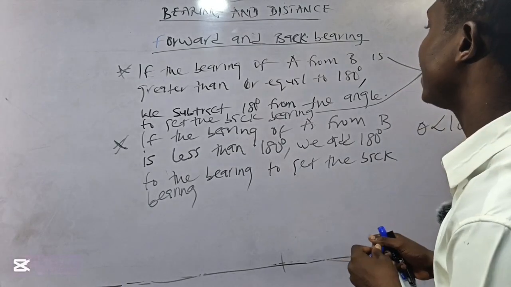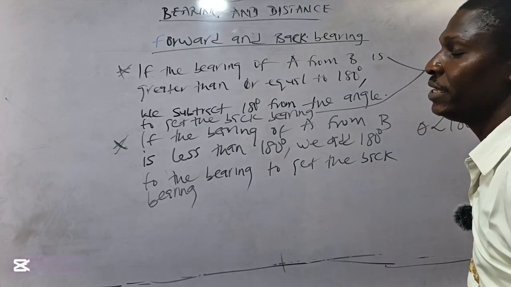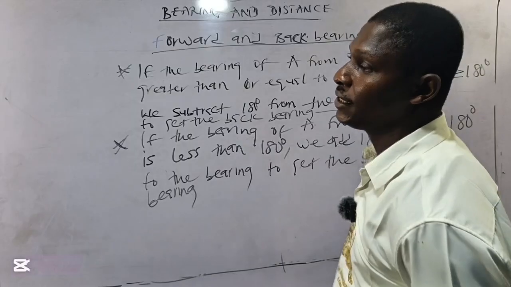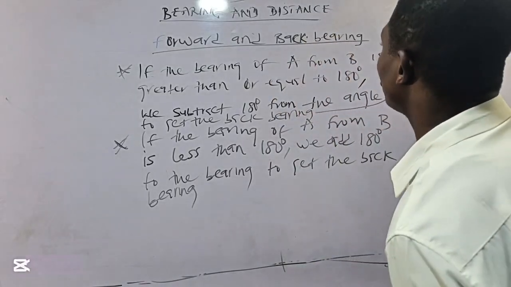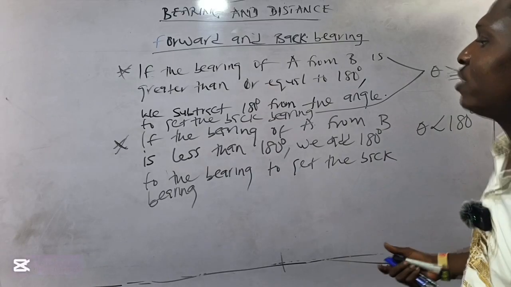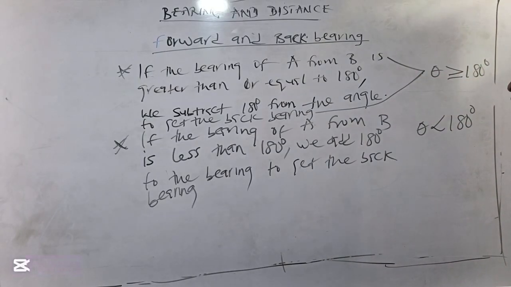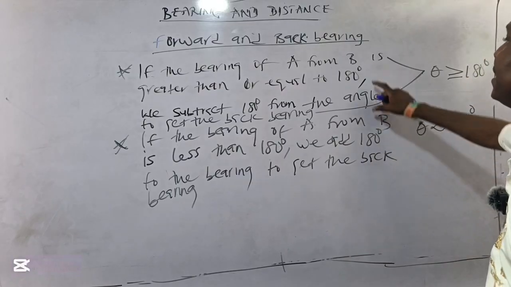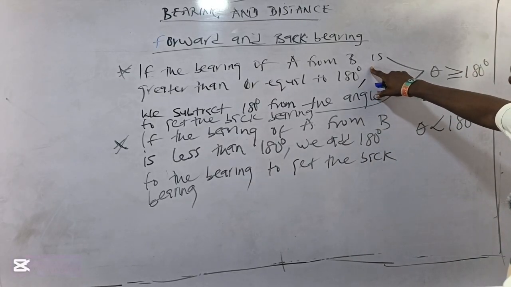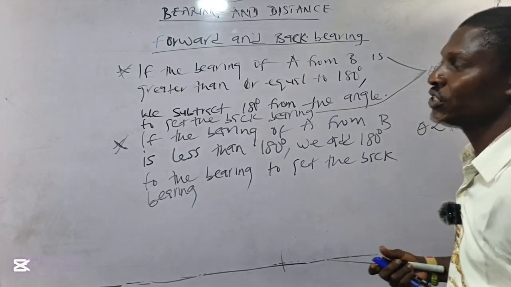If they give me a bearing of A from B, let me say 80 degree, and I'm asked to look for the bearing of B from A, I'll simply say 180 degree plus 80 degree. Why? The bearing, which is 80 degree, is less than 180 degree, so I'll simply add 180 to it. But if the bearing is greater than 180, I'll simply subtract 180 from it. So take notes.